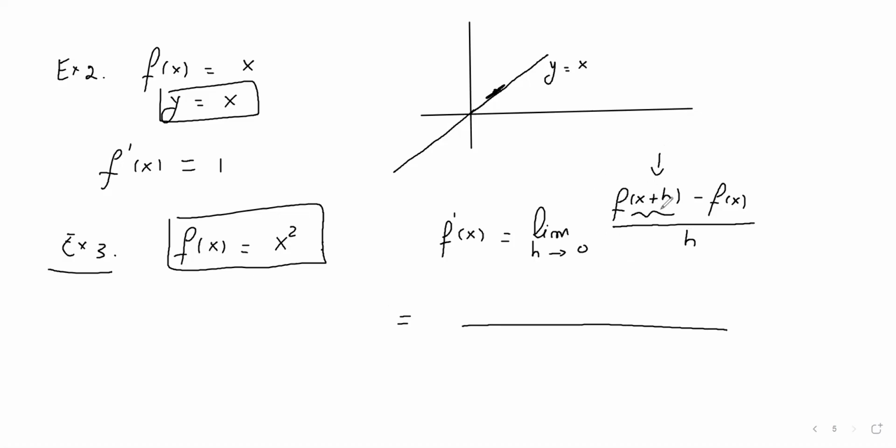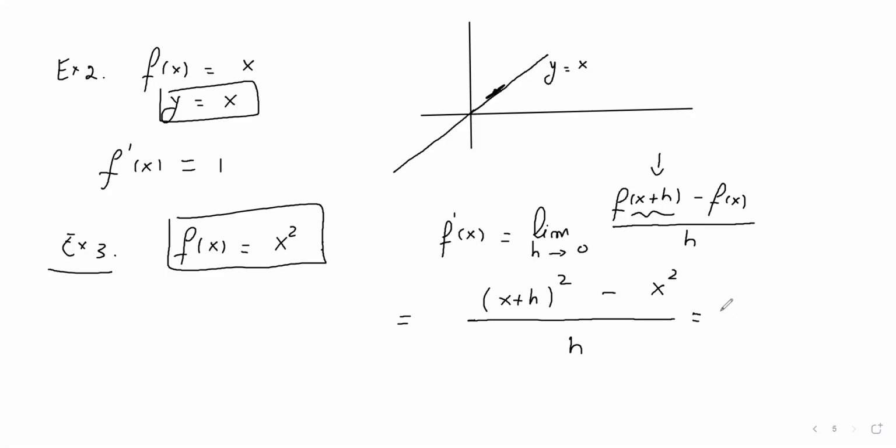This is a composition, so you substitute x plus h in for x, and that's going to be the quantity x plus h squared, and then subtract f of x, which is x squared, all divided by h. Remember that.